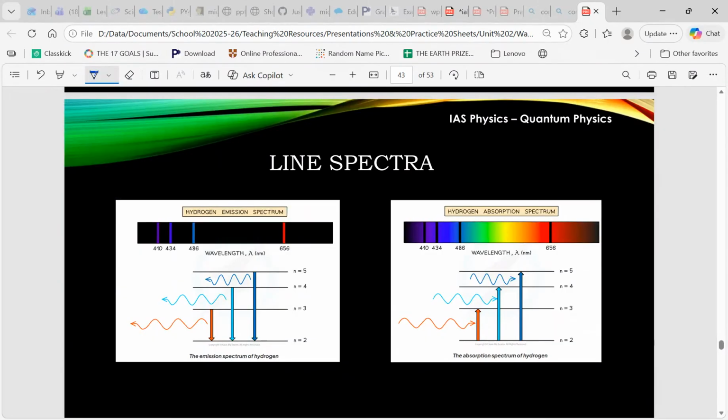Here in this illustration, we see how excitation and de-excitation of electrons results in an emission spectrum being formed and an absorption spectrum being formed.